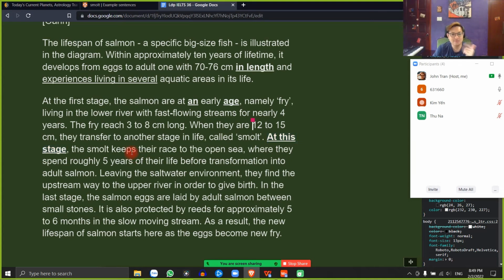Alright, if it's not there, let's just say the smolts keep their race to the open sea. But I'm still confused. What do you mean by keep their race?